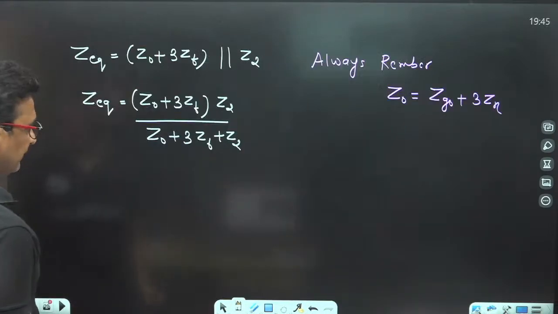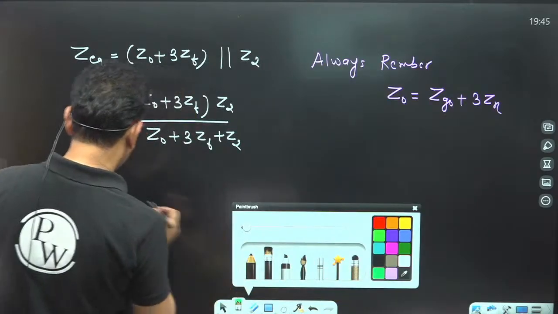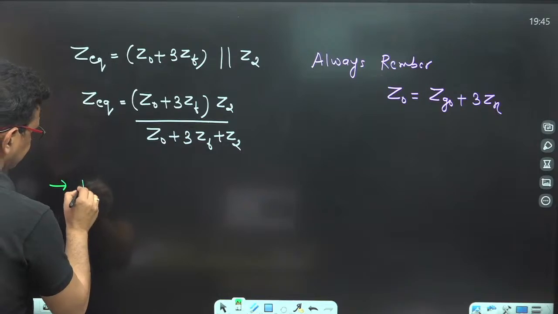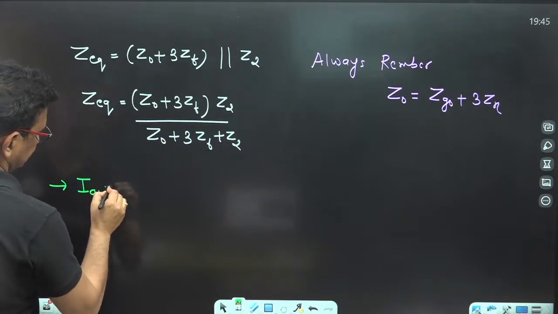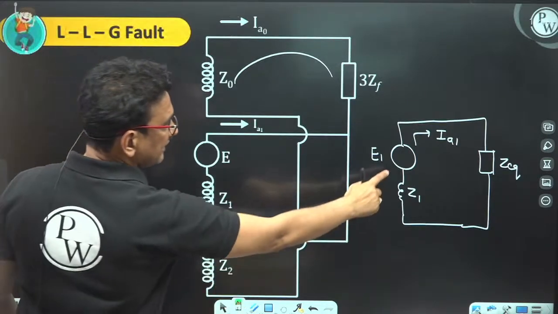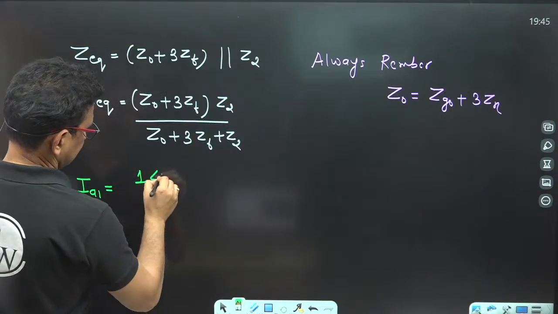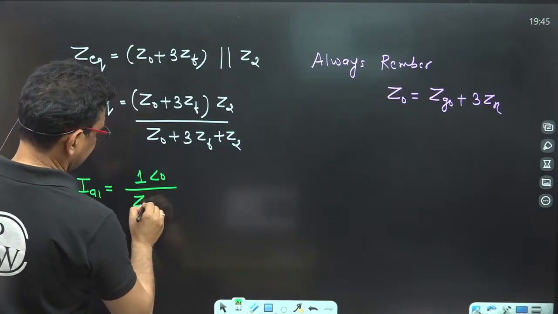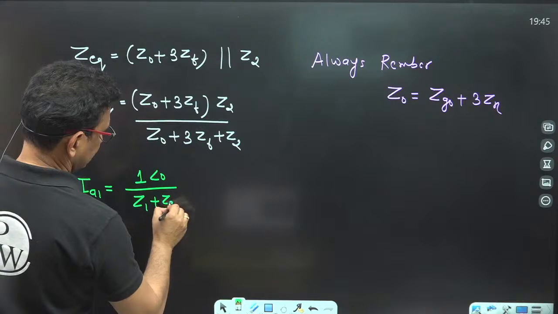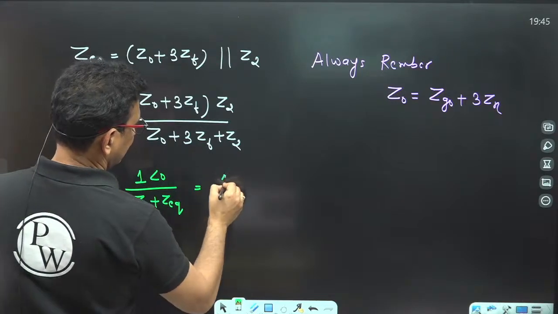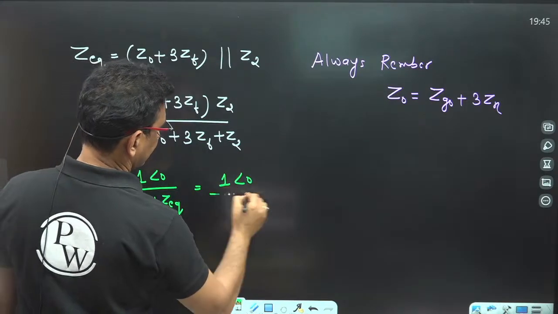So what is the value of IA1? The value of IA1 is E, that is 1 angle 0 degree, divided by Z1 plus Z equivalent.